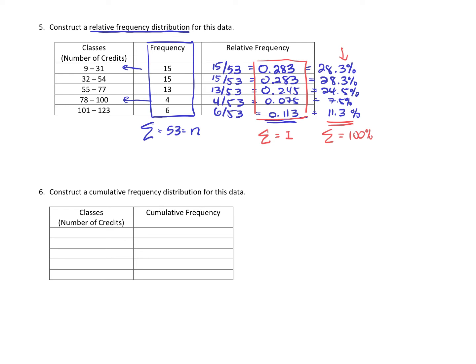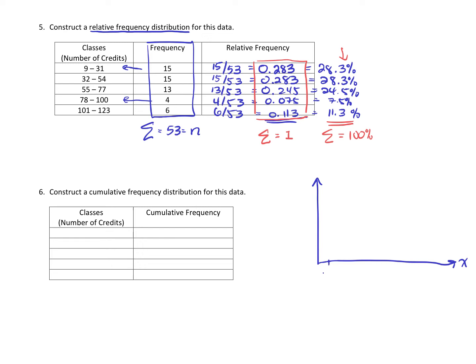Okay, all right, so just like how we created a frequency distribution, we can create a relative frequency distribution just as easily. So for a relative frequency distribution, the x-axis is going to have the same exact labels as the ones that we created for the histogram for the frequency distribution.